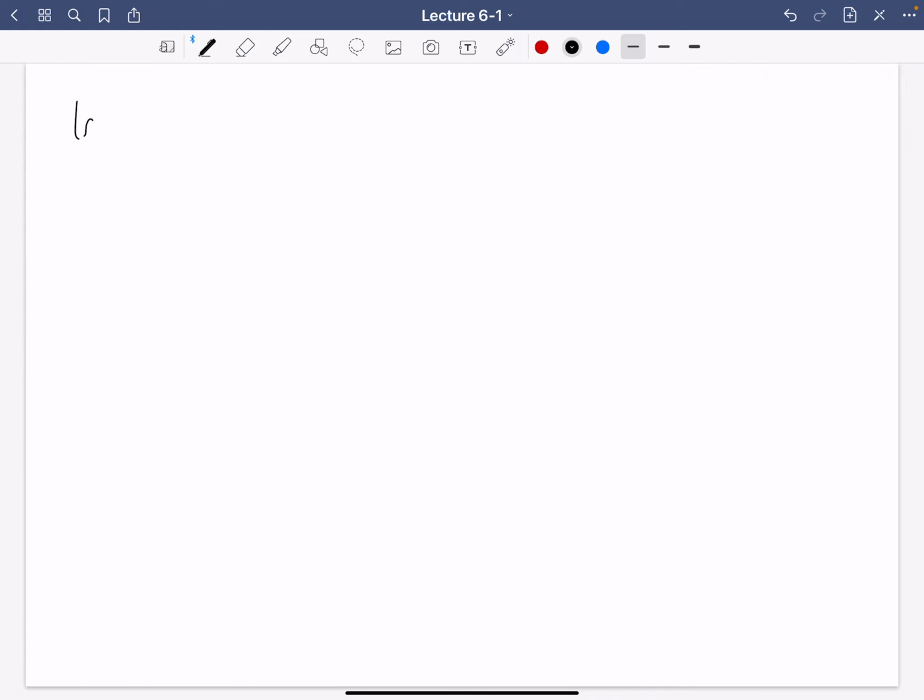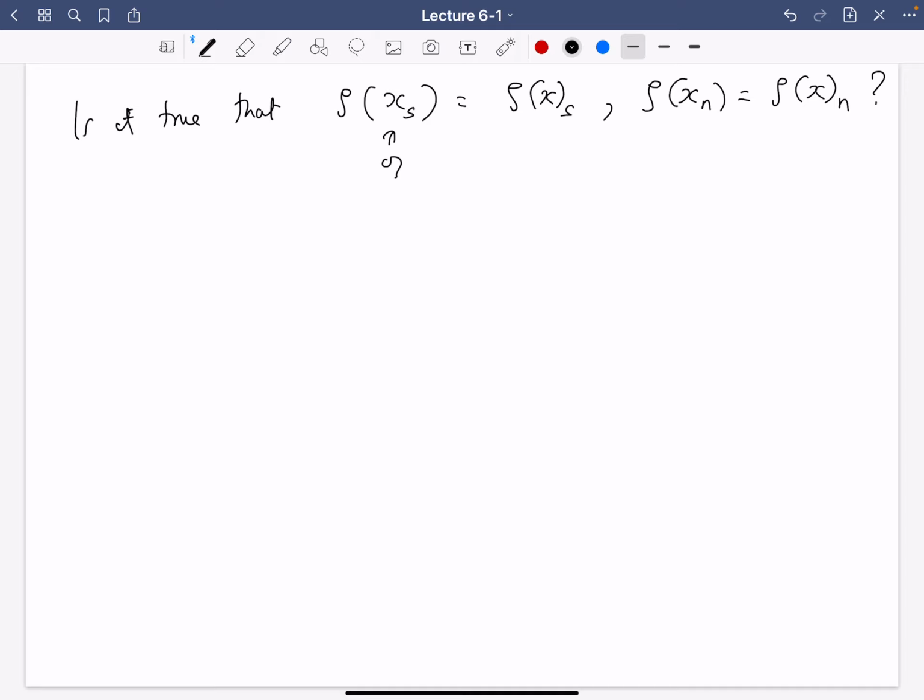I mean, is it true that if you take some element of G and look at its semi-simple part, which we'll show for semi-simple G belongs back to G again, and then you apply this representation to it, is that the same as the semi-simple part of the matrix rho of X, the endomorphism of V prime? Or is it the same for nilpotent, right? Does taking the semi-simple or nilpotent parts commute with representations? Again, we'll show this is true for semi-simple Lie algebras, of course.